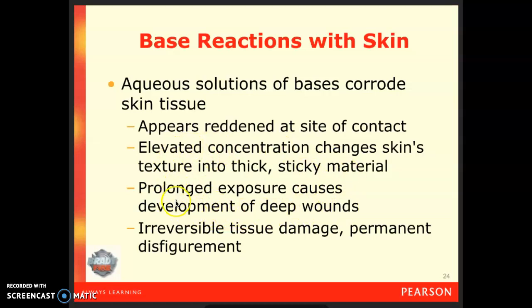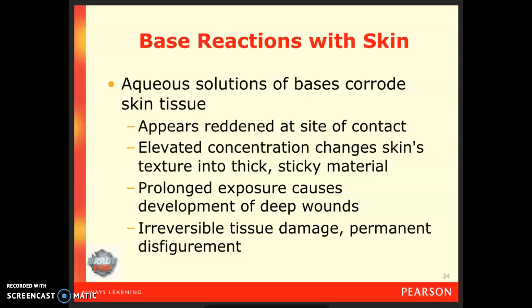In base corrosion, we start to see that saponification reaction, the soap making reaction, where the skin's texture gets thick and sticky, and then we get deep wounds, and then we get irreversible tissue damage and disfigurement. So very odd, very different when it comes to how bases interact with your skin compared to what acids do.